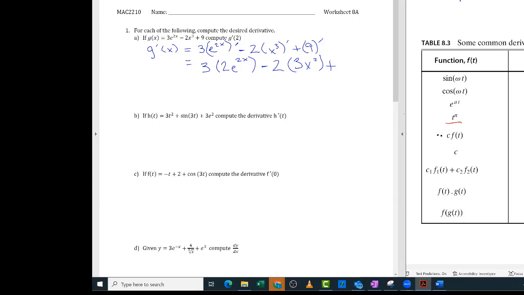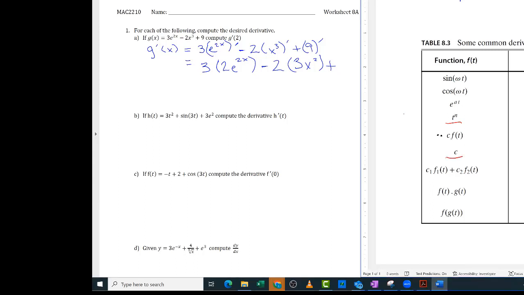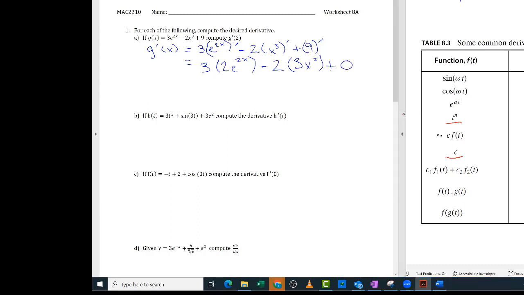The derivative of 9 is 0. So plus 0. This equals 6e to the 2x minus 6x squared. And I could simplify or factor this and say this is 6 times e to the 2x minus x squared.